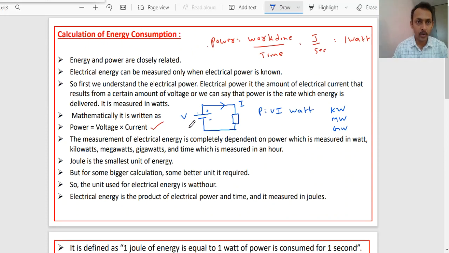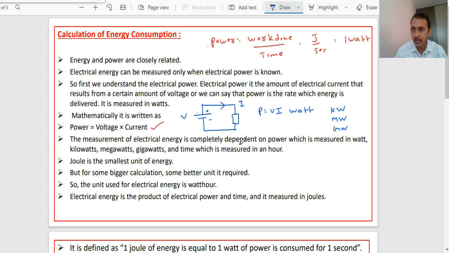In this video, we are going to discuss the calculation of energy consumption, how we are going to calculate the amount of energy consumed by a particular electrical equipment, right? And what will be the units for power and what are the units for energy, how the power is different from energy, right?